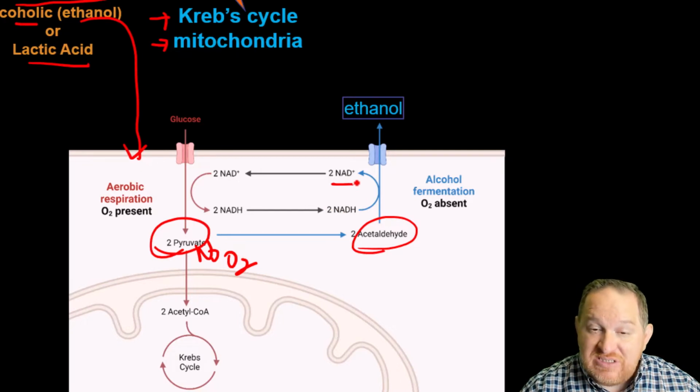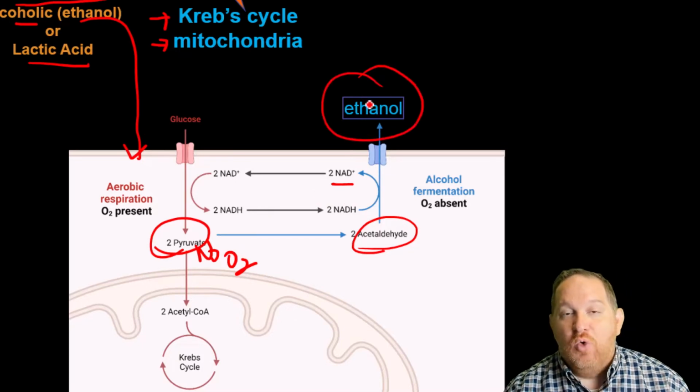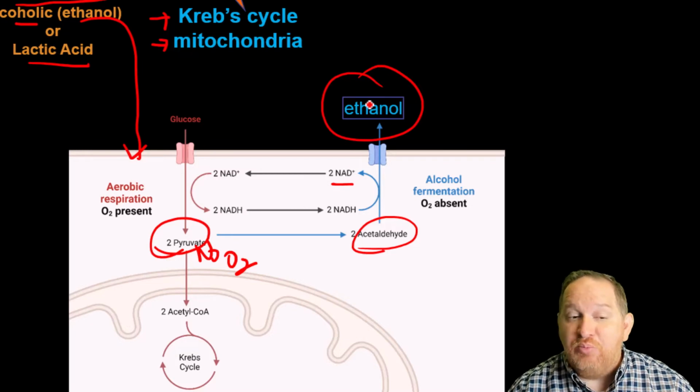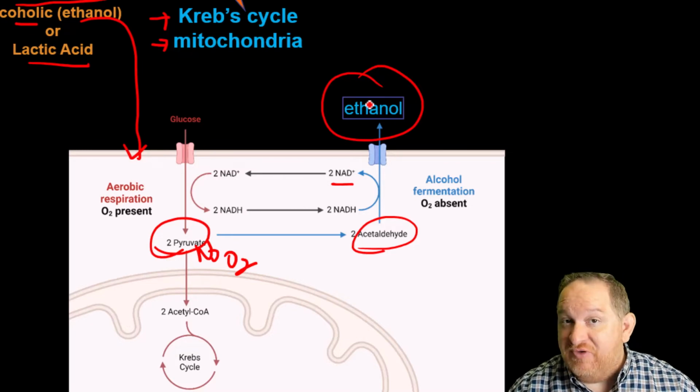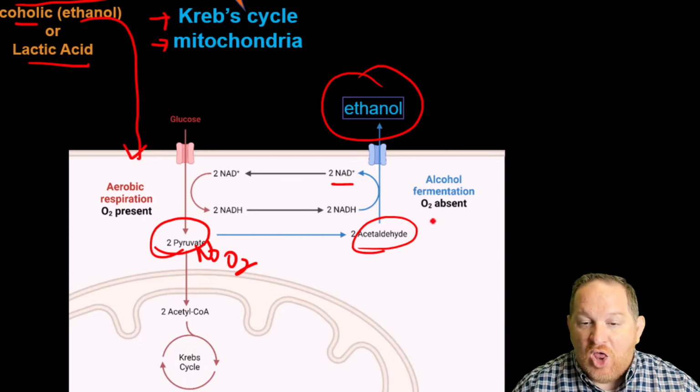So what you can see here is that this process converts the pyruvate into ethanol. And you may know ethanol, of course, is what we see in our wine, our beers. Ethanol is also what we use as fuel in some cases. So this is called alcoholic fermentation or ethanol fermentation.